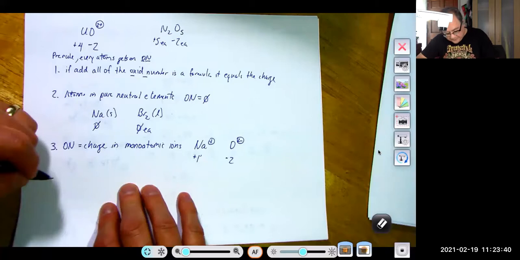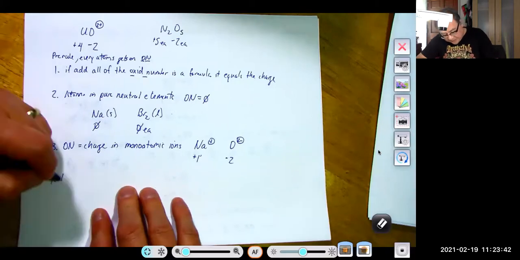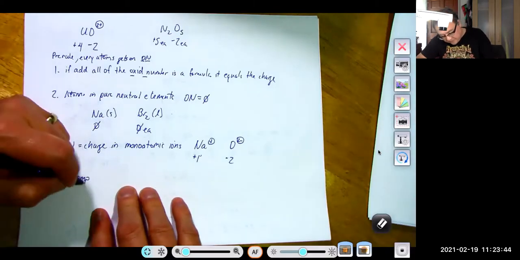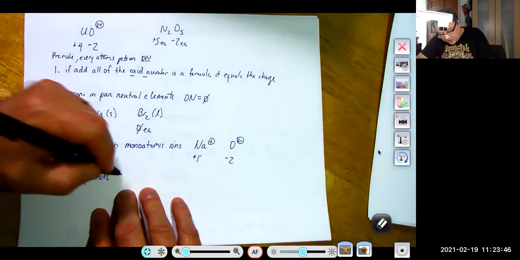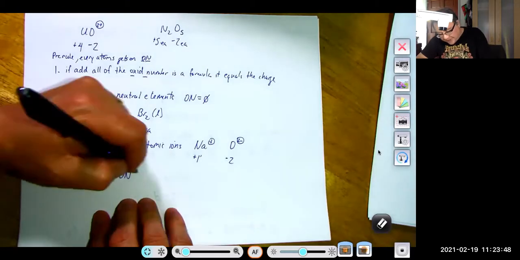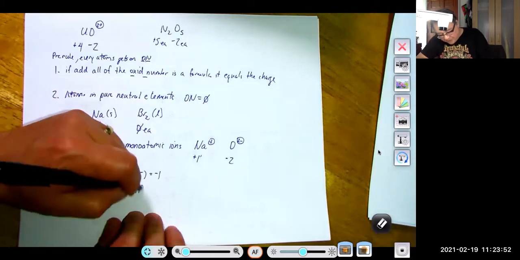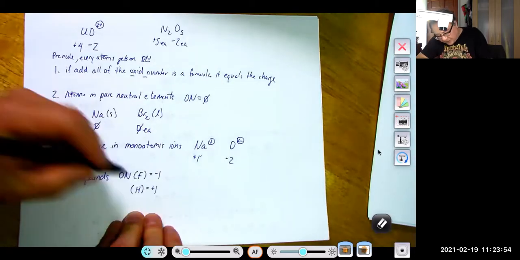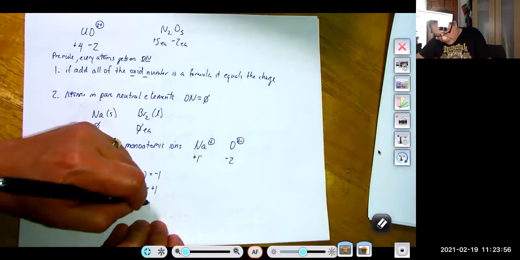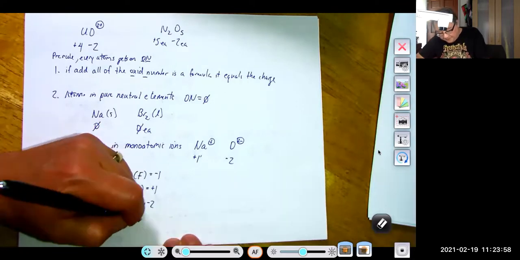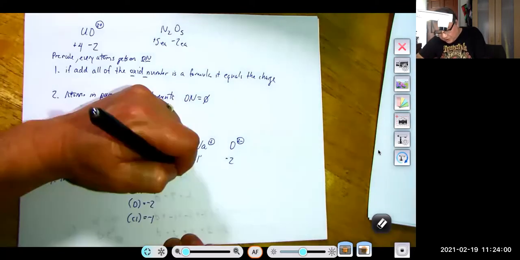4, in compounds, the oxidation number of fluorine is -1, hydrogen is +1, oxygen is -2, and chlorine is -1, in this order.